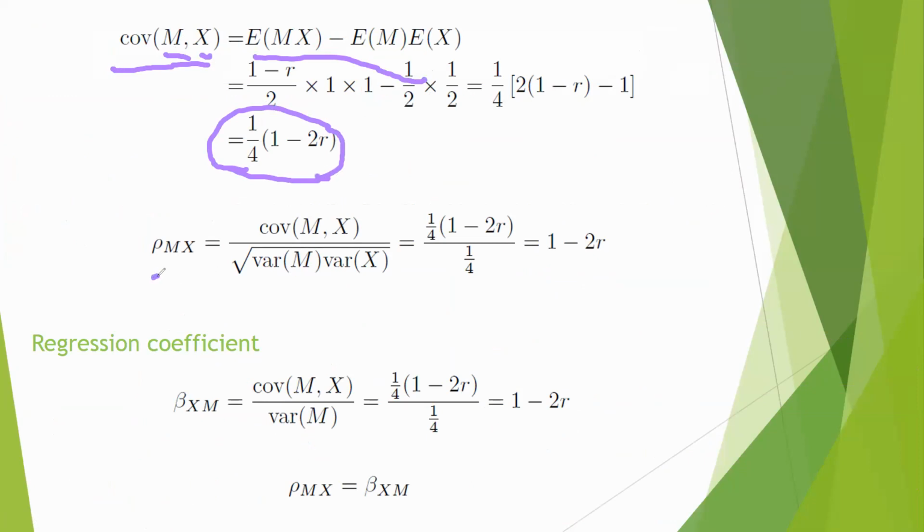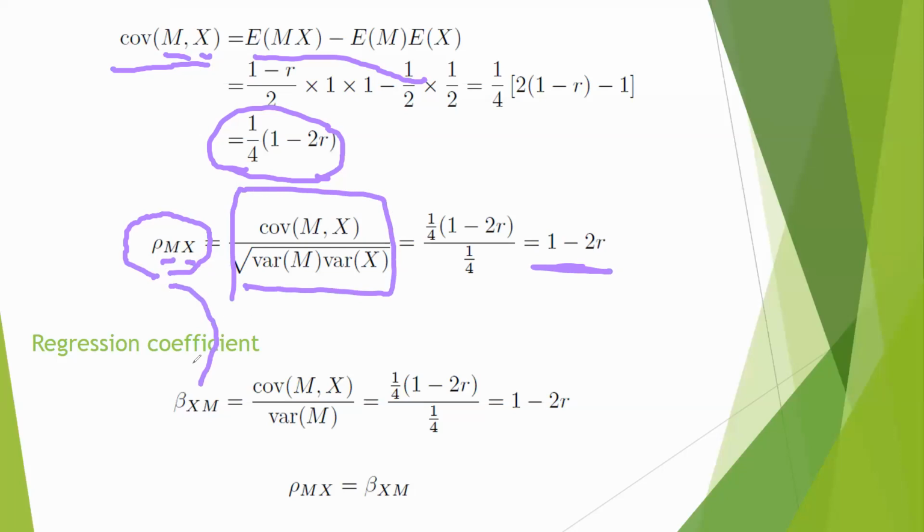And we know in statistics how we calculate the correlation coefficient, right? If we use this formula, we can calculate the correlation coefficient between the marker and the QTL. This is actually equivalent to the regression coefficient if you want to regress the QTL on the marker, right?